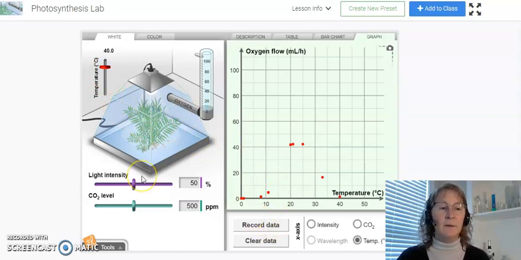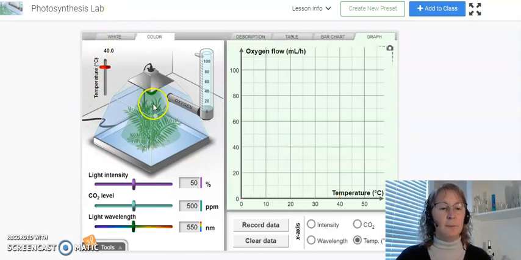Once you figure out the ideal temperature, light intensity, carbon dioxide level, make sure you toggle over here and determine the appropriate color. You can adjust the light length and notice it changes the color of light given to your experiment.